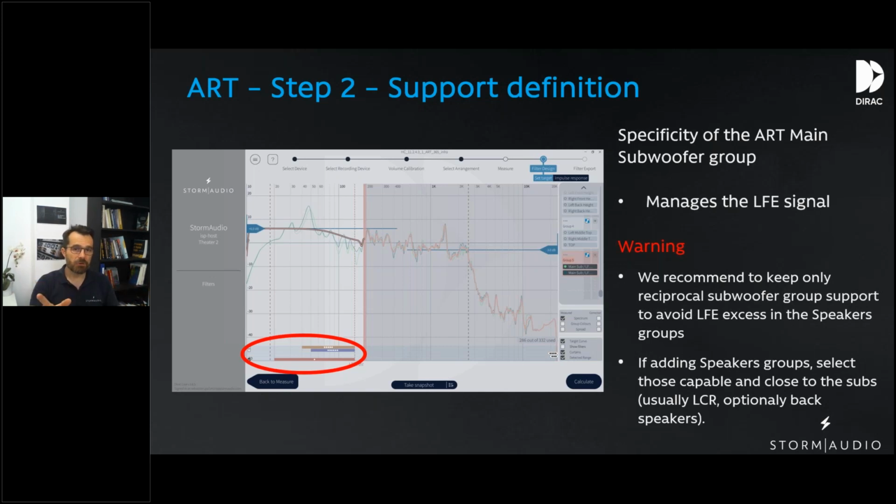And usually subwoofers will most likely go cleanly up to 80-900 Hertz, while your speakers, LCR especially, can usually go easily down to 70 Hertz or so. So you can make sure that you have a nice overlap of your subwoofer and LCR speakers in that frequency range below 150 Hertz. This way you make sure that the LFE signal is integrally, I'm not sure this is the right English word, but is fully reproduced in a nice way.